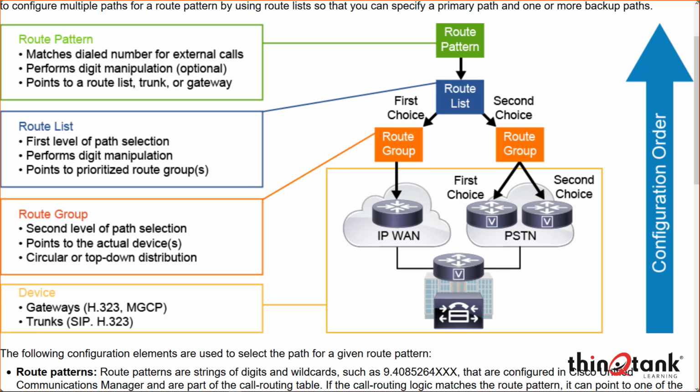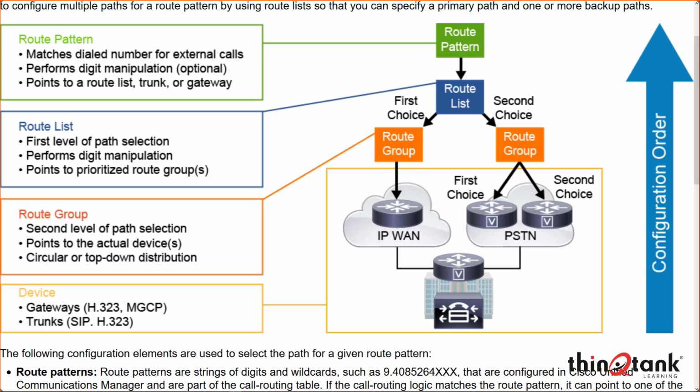We create the route pattern, which is a PSTN dialing pattern. In the route pattern configuration, we can do transformations and translations and whatnot, but it points to a route list. You cannot point a route pattern directly to a route group. The route pattern has to point to a route list.